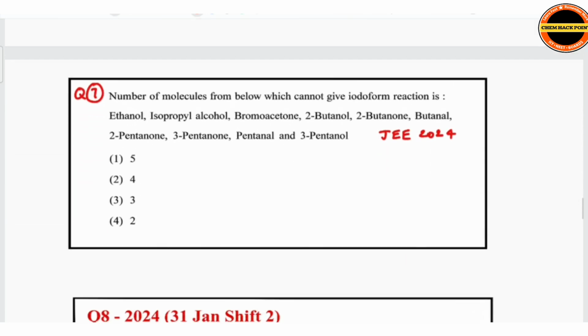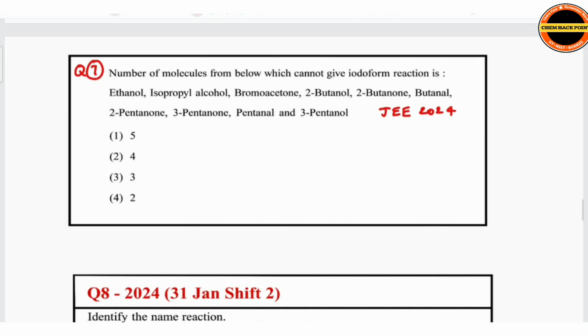Next, the number of molecules from below which cannot give the iodoform reaction. Ethanol, isopropyl alcohol and others are given. This is a JEE Mains 2024 question. Observe everything here: which cannot give the iodoform test? We know the same condition. Here we need to look for a CH3CO group, or a CH3CHOH group.